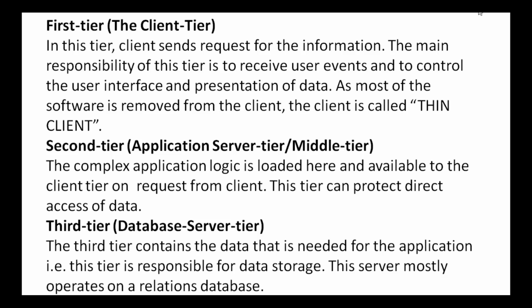That means all the application programs which are used to access and manipulate the data are present in this layer. Those applications can be written in .NET, C#, Python, like that. And the third tier operates on relational databases. That means it uses MySQL, Oracle, PostgreSQL, Microsoft SQL Server, MongoDB, like that.